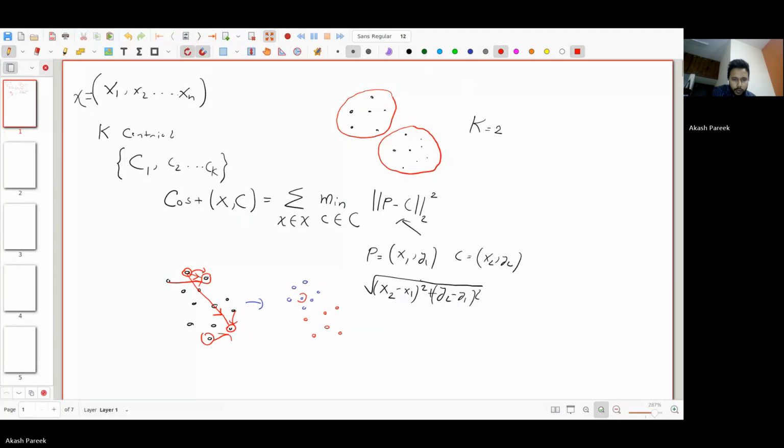Maybe this would be the center. Again, you take the mean of all these and find a center. Maybe this is the center. And this way you continue until your algorithm converges. Why should the algorithm converge? Just because this cost function is decreasing in every iteration. Since the cost function is decreasing, the algorithm will terminate in a finite number of steps. So this is the basic algorithm of k-means, also known as Lloyd's algorithm. And now we'll get the algorithm in form.